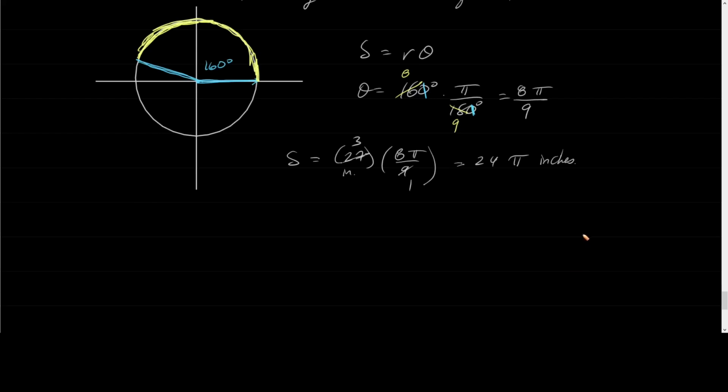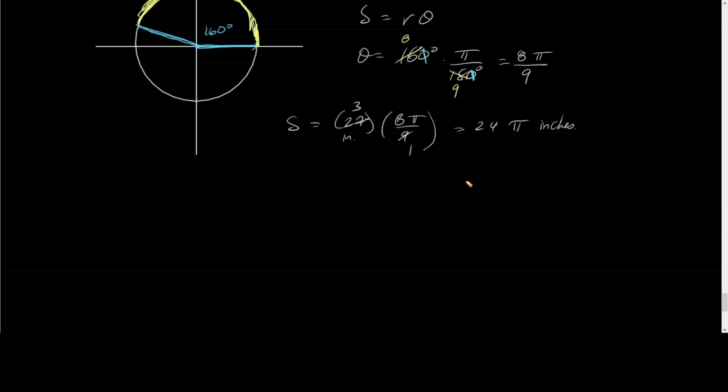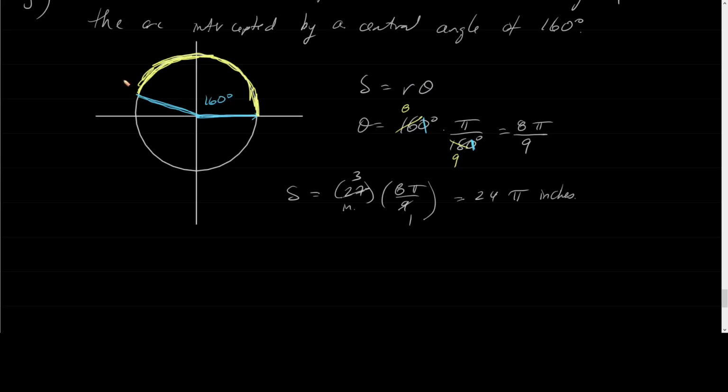Now, if you were to plug that into the calculator, well, we know that pi is approximately 3.14, so this would be somewhere in the higher 70s, maybe low 80s. But in any case, we would just leave it as 24 pi. All right, we prefer the exact answer. So our arc length there was 24 pi inches, where our radius was 27 inches.